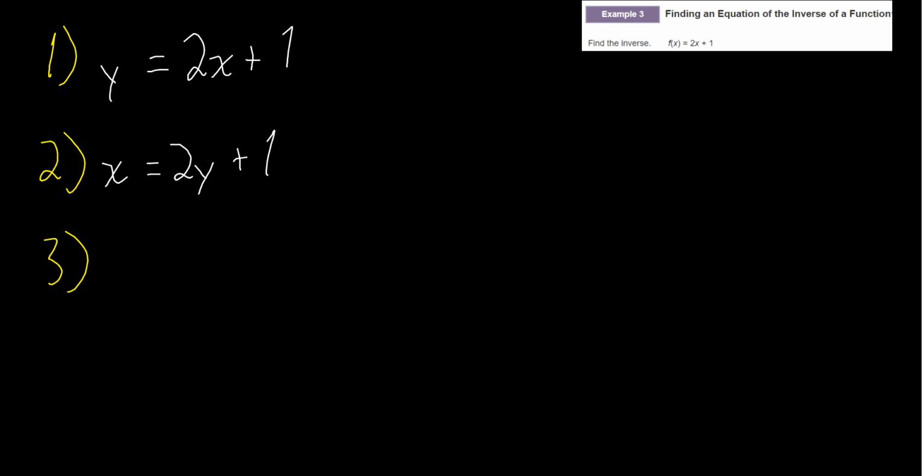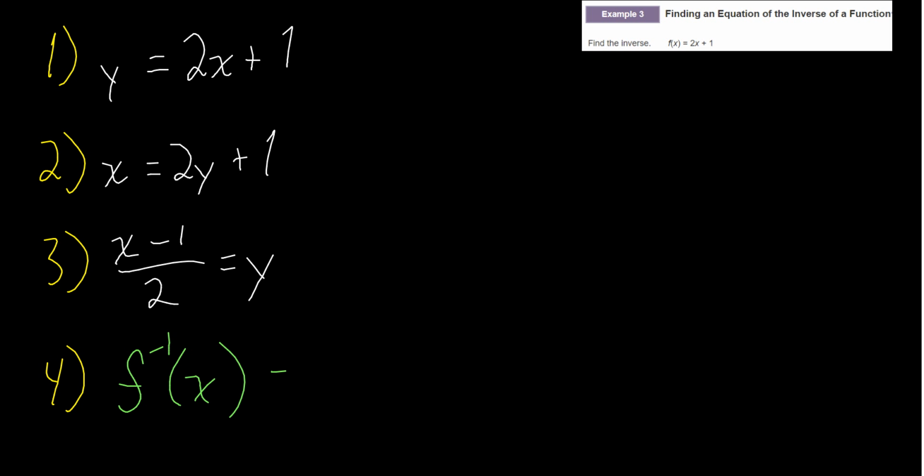It looks like we subtract 1, divide by 2, so we're going to have x minus 1 divided by 2 is equal to y. And then step 4 is to change y into f inverse. I'm going to go ahead and swap them. So we're going to have f inverse of x is equal to x minus 1 over 2. Again, that's it. There's not much more to it other than that.